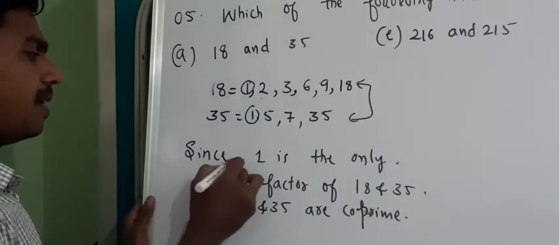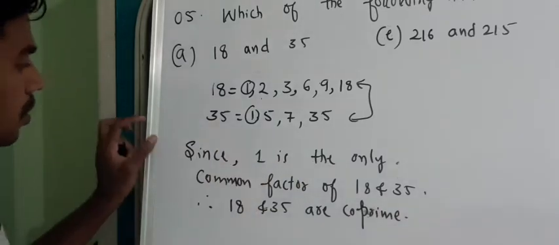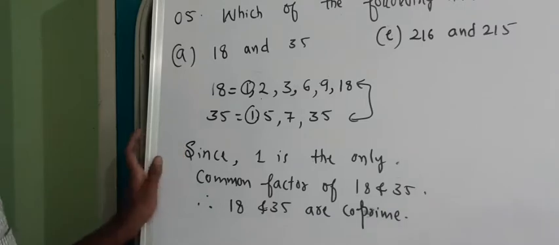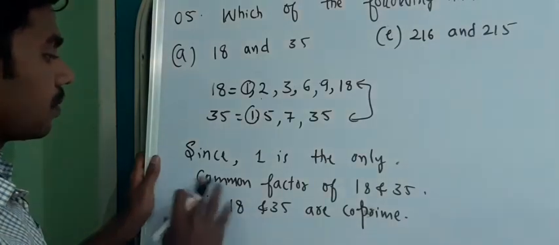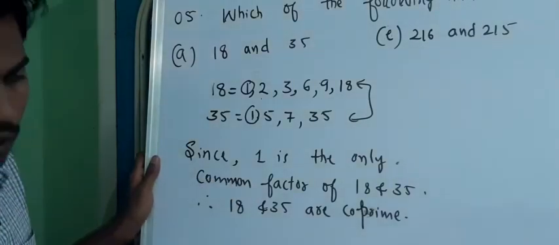You can write in many other ways. I have chosen one way, that is, since 1 is the only common factor of 18 and 35, that is the reason 18 and 35 are co-prime.